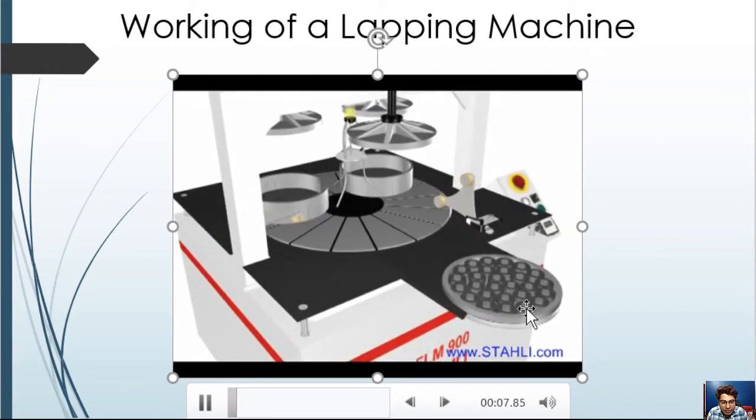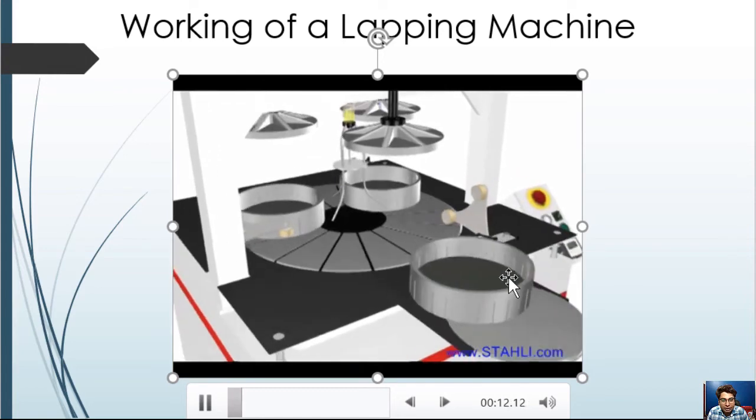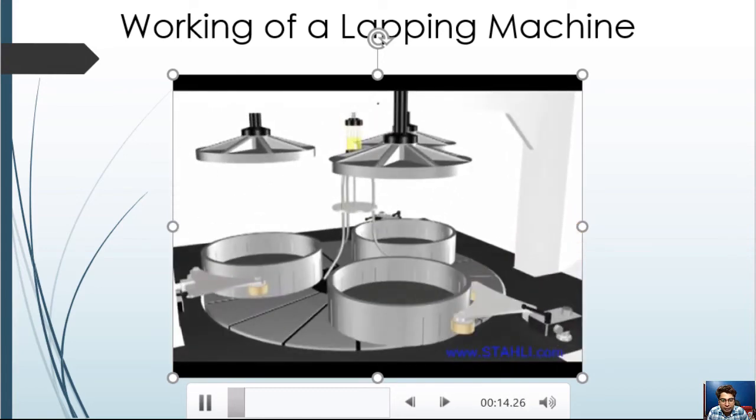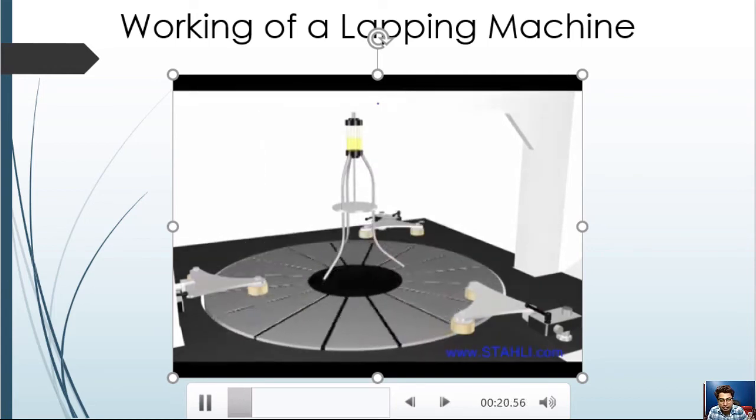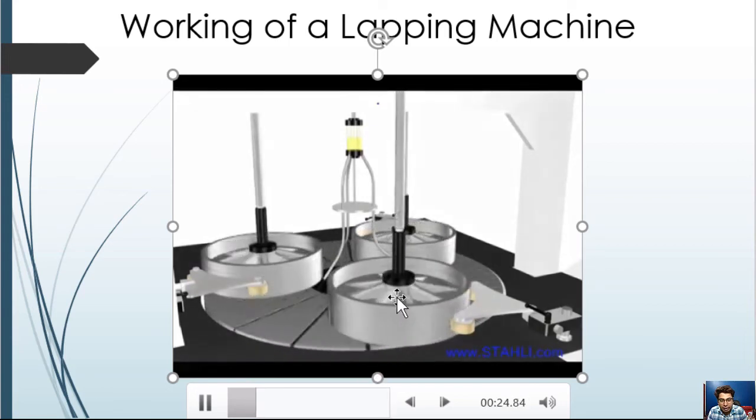They are the workpieces. This is the lapping disc. With the relative interaction between this lap plate and the upper plate, the lapping process is being conducted.